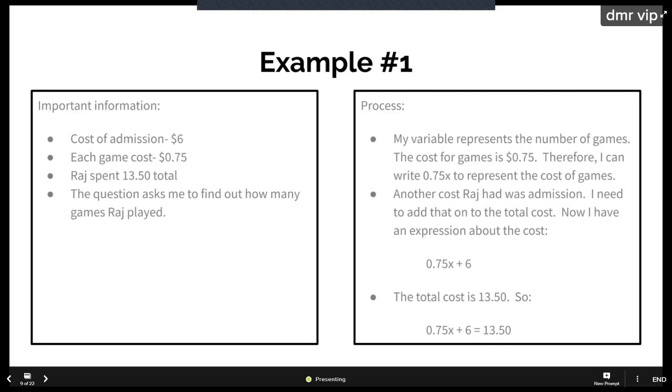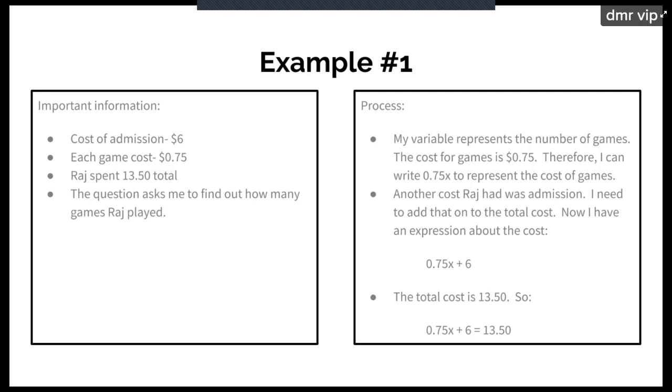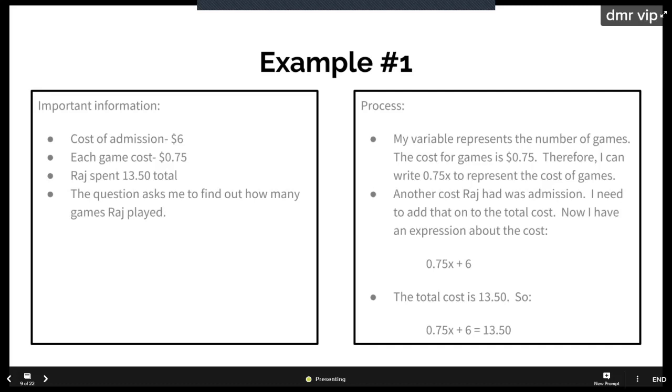So in order to set this equation up, I'm going to look at these numbers and figure out where the pieces go now. My variable represents the number of games. The cost for games is 75 cents. You also have the word each. You're looking for each, every, per, words like that.